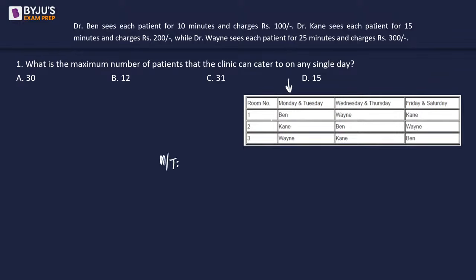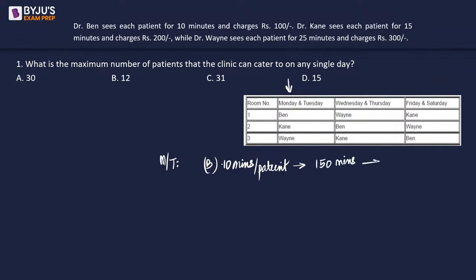If you look at Monday and Tuesday, let's not talk about room numbers. Let's simply say Ben is there. Ben takes 10 minutes to see every patient, and the total duration for which Ben is going to be present is 2.5 hours, from 9 to 11:30. 2.5 hours is a total of 150 minutes.